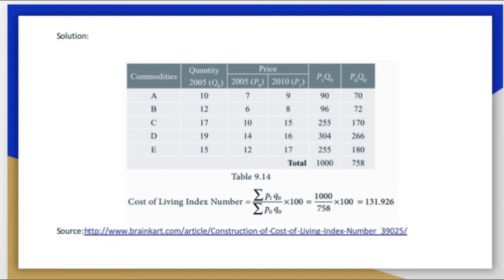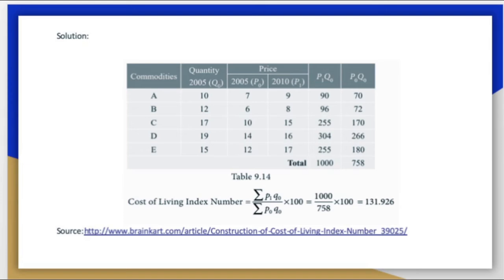After that we multiply P1, the price of the current year, into the quantity of the base year, Q naught, and then you can calculate it. You obtain results like 90 for commodity A, 96, 255, 304 and 255.